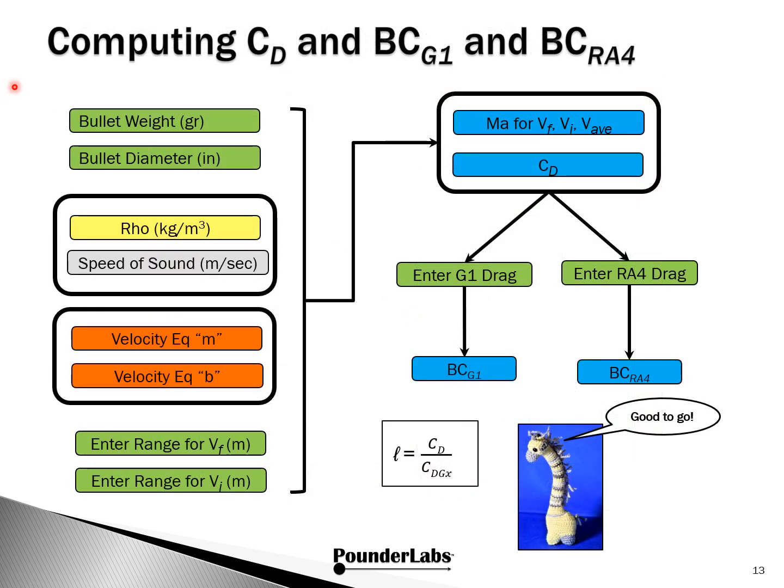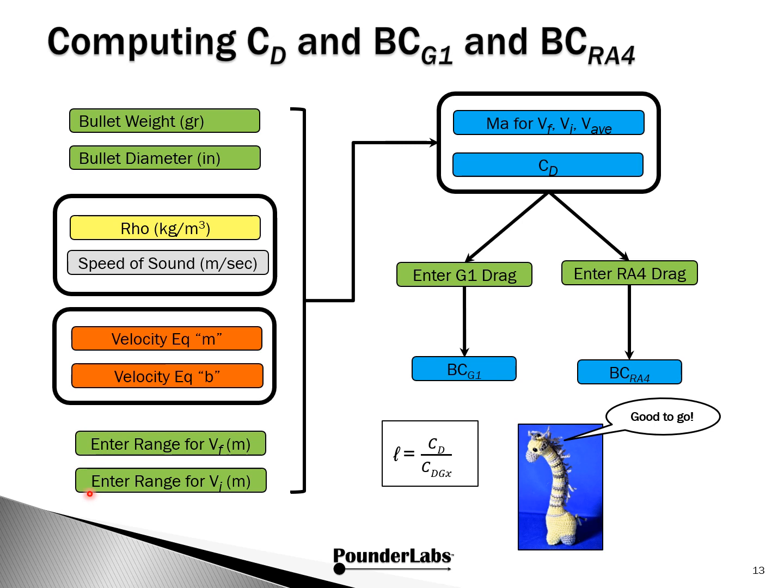We now have everything we need for calculating the coefficient of drag and the ballistic coefficients. We enter in bullet weight, bullet diameter, the air density and speed of sound we got earlier from reducing the environmental data. We have the velocity equation, both the slope and intercept from the LabRadar data for the trace, and then we just need to enter in a range value for initial and final velocity.